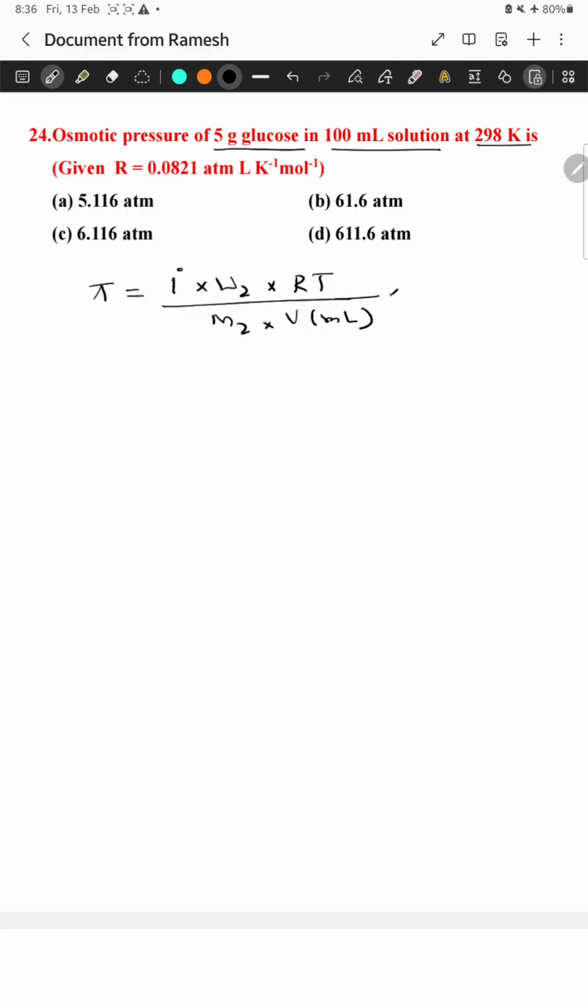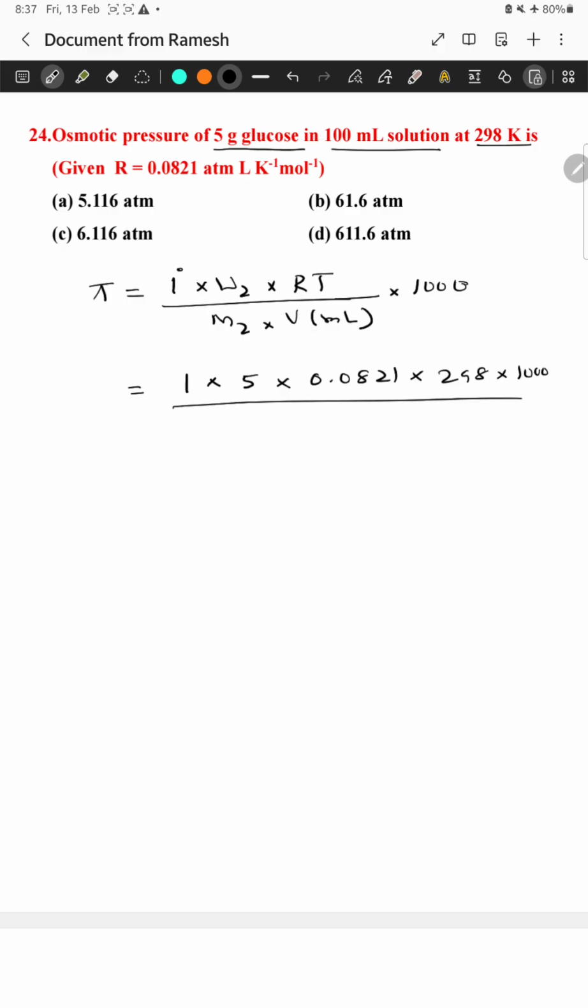If volume is in ml, multiply by 1000 in the numerator, correct? The Van't Hoff factor for glucose is 1, WO2 mass of solute is 5 gram, R value they have given 0.0821, temperature of course 298, into 1000, divided by the molar mass of glucose.